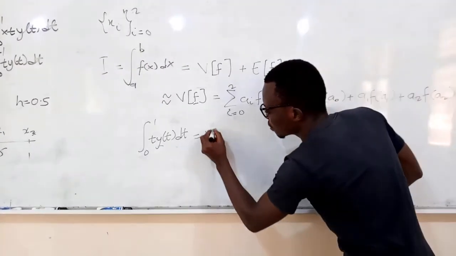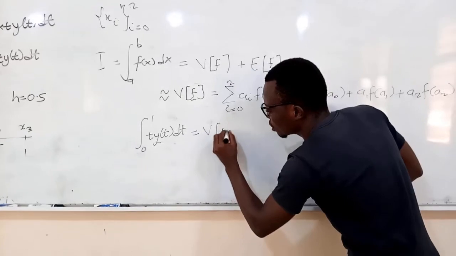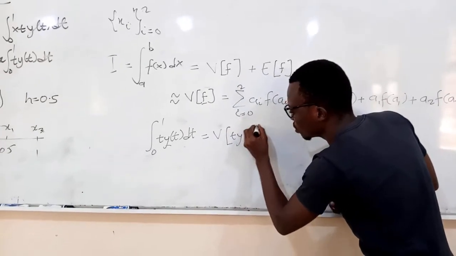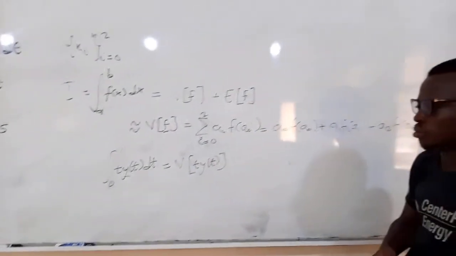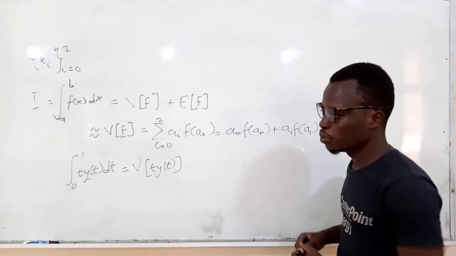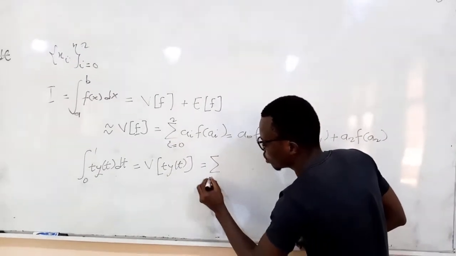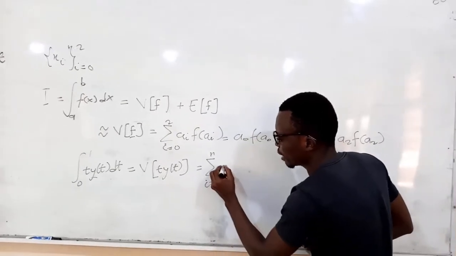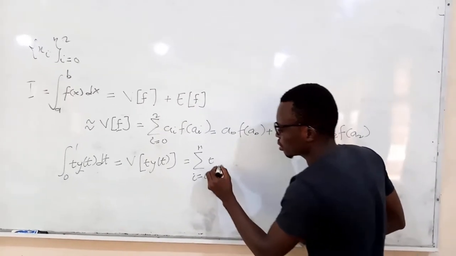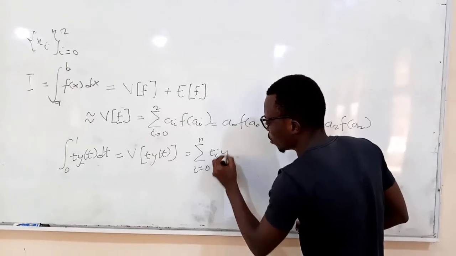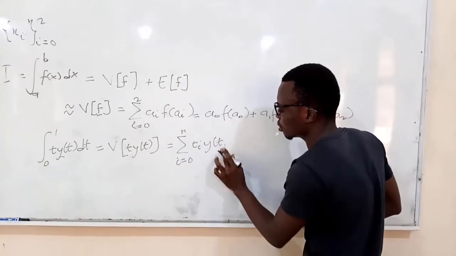So the same as V of t y of t, which will be equal to the summation of i equal to 0 to n, then t i, then y of t i.